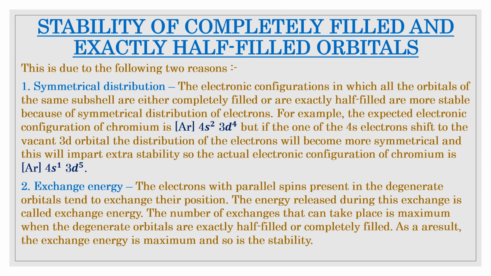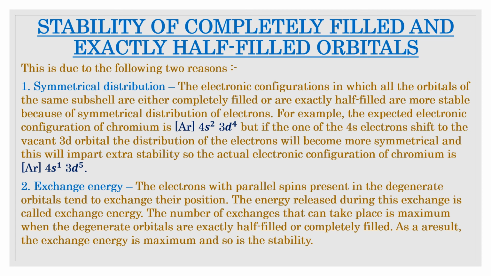The number of exchanges that can take place is maximum when the degenerate orbitals are exactly half filled or completely filled. As a result, the exchange energy is maximum and so is the stability. Why is it said that the number of exchanges is maximum when the degenerate orbitals are exactly half filled or completely filled?